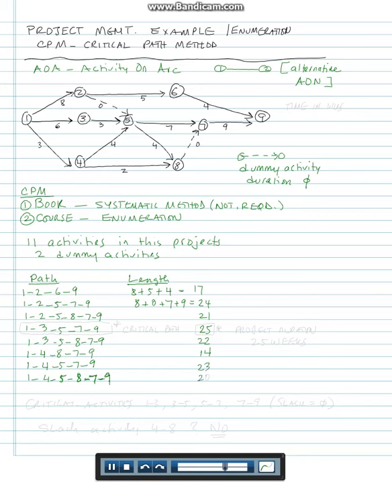23, and 20. By definition, the critical path is the longest path in the network, and that would be this one, 25. This would be my critical path, and this would be the project duration.